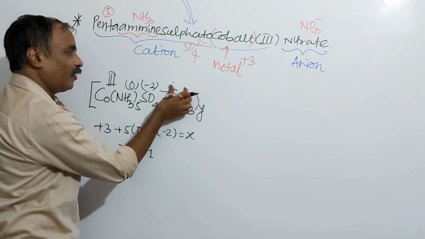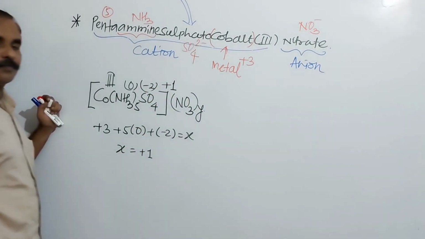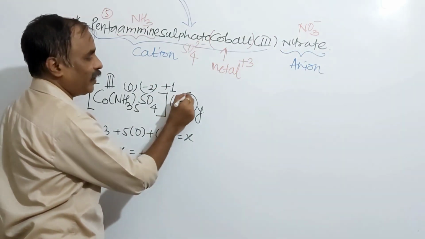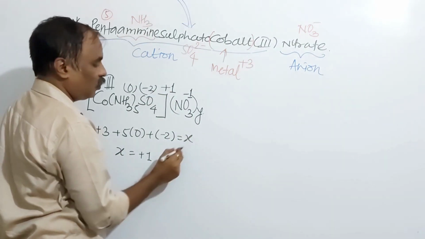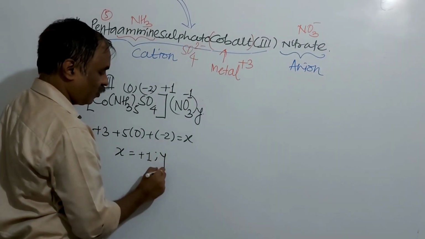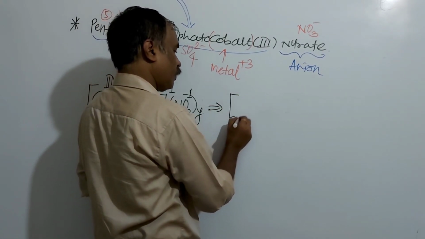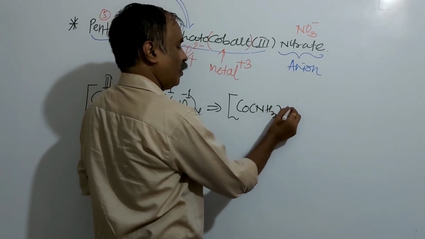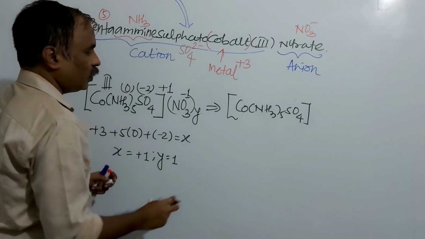And on this square bracket, total positive charge yani +1. So to neutralize +1, -1 is required. NO3 carries a -1. Already -1 is there. -1 +1. So here Y equal to what? Y equal to 1. And a formula of this: [Co(NH3)5SO4]NO3.